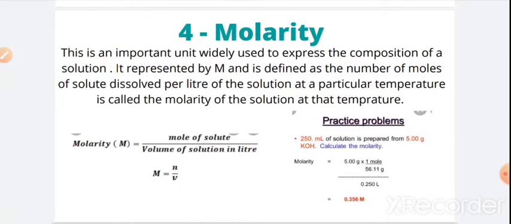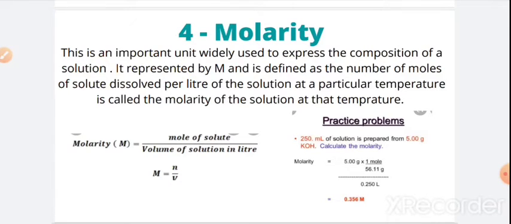Let's take a practice problem. 250 ml of solution prepared from 5 gram of KOH, calculate the molarity. So over here the volume of solution is given, that is 250, and the solute is given as mass, but we have to convert this mass of solute into moles. So we have to divide this mass by the molecular mass of KOH.